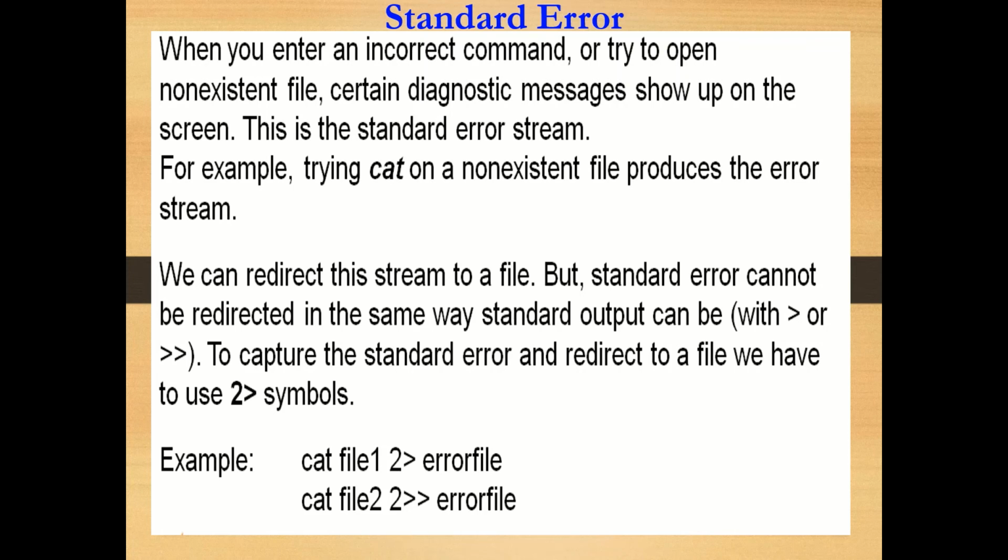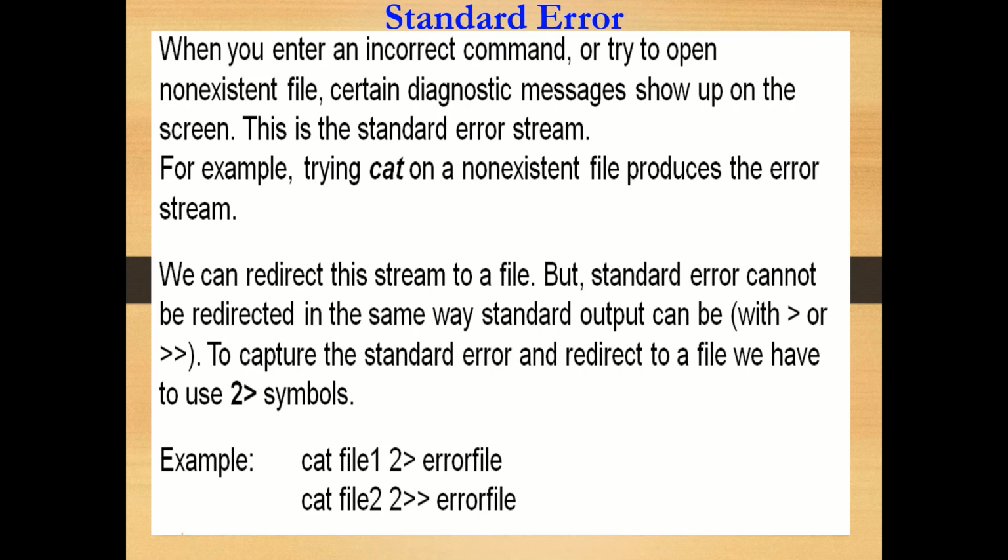Here the third standard file is represented by a number called a file descriptor. A file is opened by referring to the path name, but subsequent read and write operations identify the file by these descriptors. These descriptors are implicitly prefixed to the redirection symbol.